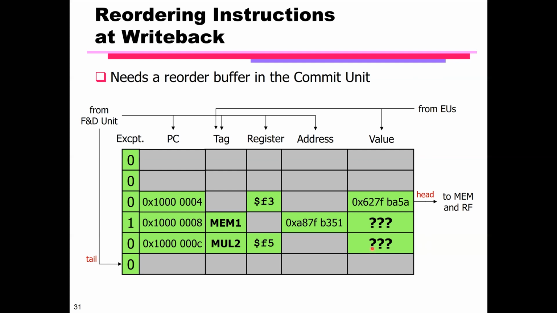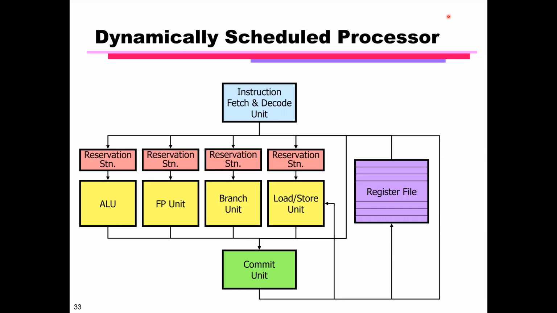Well, it's another buffer. And if you remember the picture from before, it's this unit that is towards the end of the machine, between the functional units and the write back, the register file. So here it is. The commit unit is between our units, as I just said, and the register file.